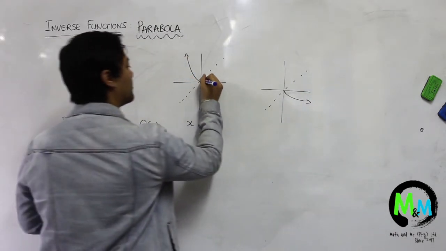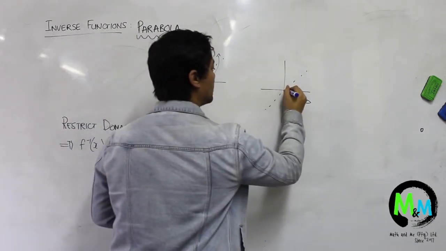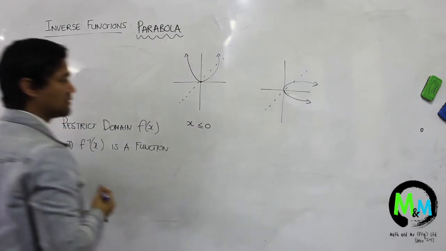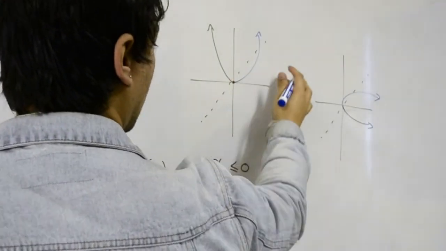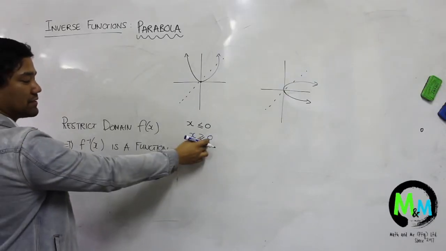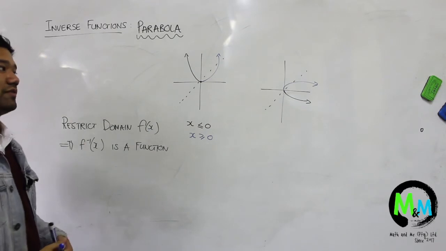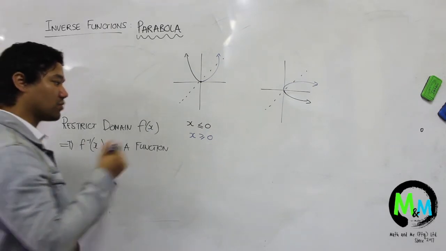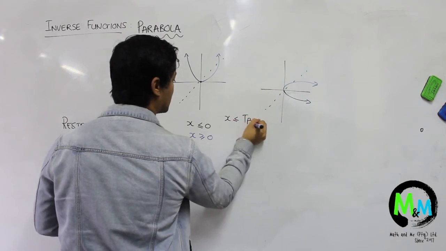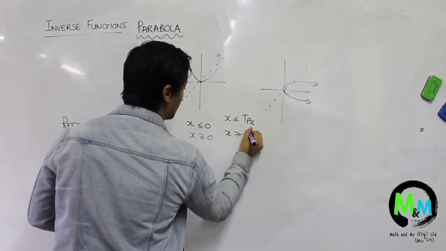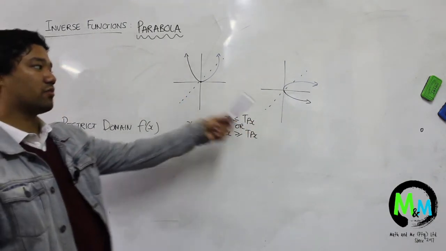Or, if I'm referring to this other part of my graph, which gives me that inverse, I would need to say x needs to be greater than or equal to my turning point's x value to make sure that I have a proper function. In essence, all you need to do is say either x less than or equal to your turning point's x, or x greater than or equal to your turning point's x. Both of those are fine because then it will give you a function.